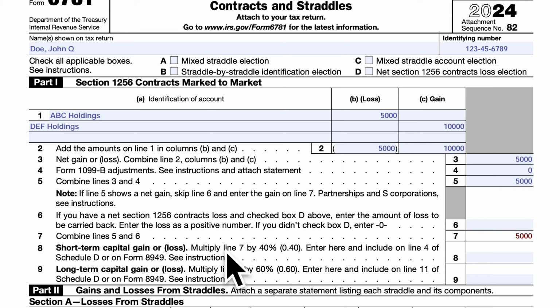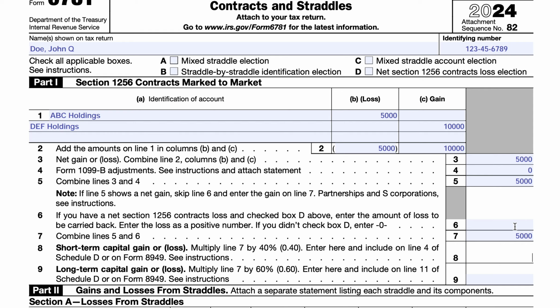Now, in this case, if you're not deferring any of this gain due to an investment in a qualified opportunity fund, a QOF, then you would enter this gain on line 4 of your Schedule D, and then you would enter the line 9 amount on line 11 of Schedule D, or if you need a complete Form 8949, you would enter this in Part 1 and the long-term capital gain or loss in Part 2 of your Form 8949.